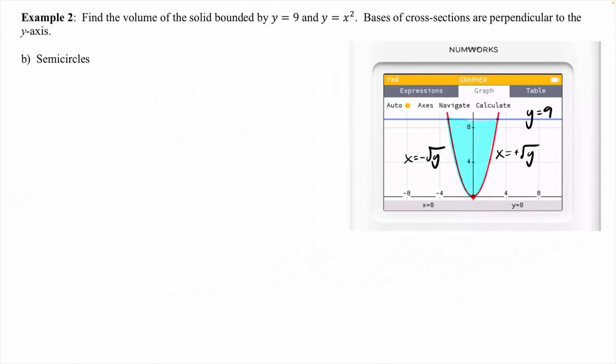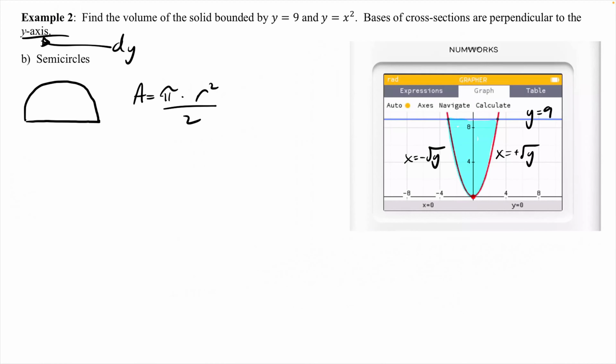All right, that's all repeating. We know it's dy since it's perpendicular to the y-axis. Remember, semicircles are half circles. So pi r squared area equals pi times r squared divided by 2.